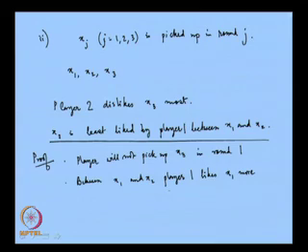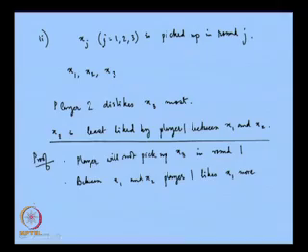So, between x1 and x2 player 1 likes x1 more. Therefore, if player 1 has to choose any object in round 1, he will choose x1. So, in round 1 player 1 chooses x1.